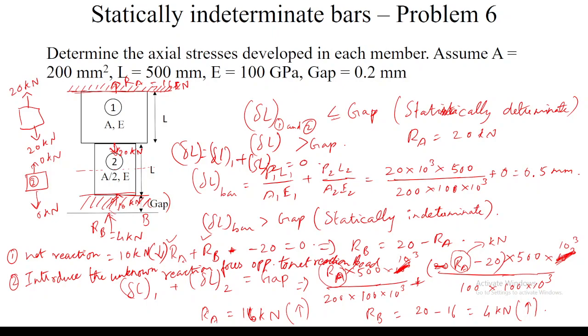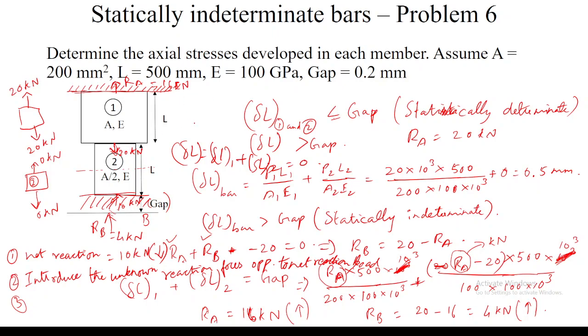And then I will find out the unknown forces. So this is the general methodology for solving a statically indeterminate bar, which is very important for GATE. If you have any doubts, or if something is not clear, you can ask me.